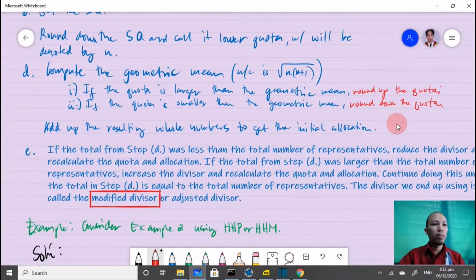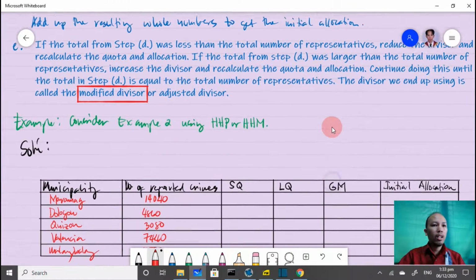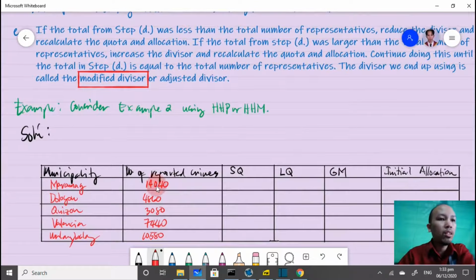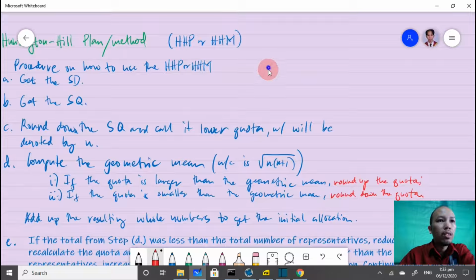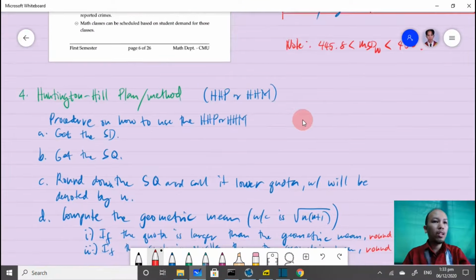So let's have an example here. I've written the table already. You have here the same example number 2 using the Huntington-Hill plan. By the way, the Huntington-Hill plan is a modification of the Webster plan.